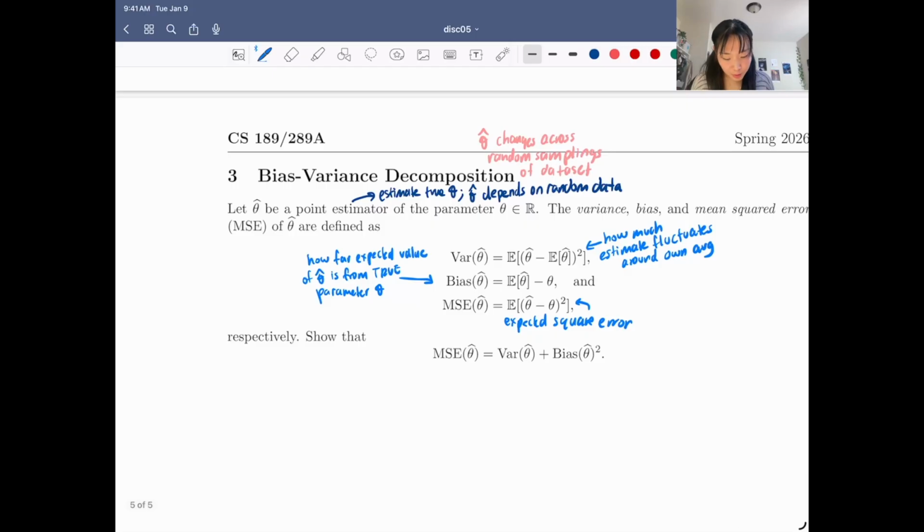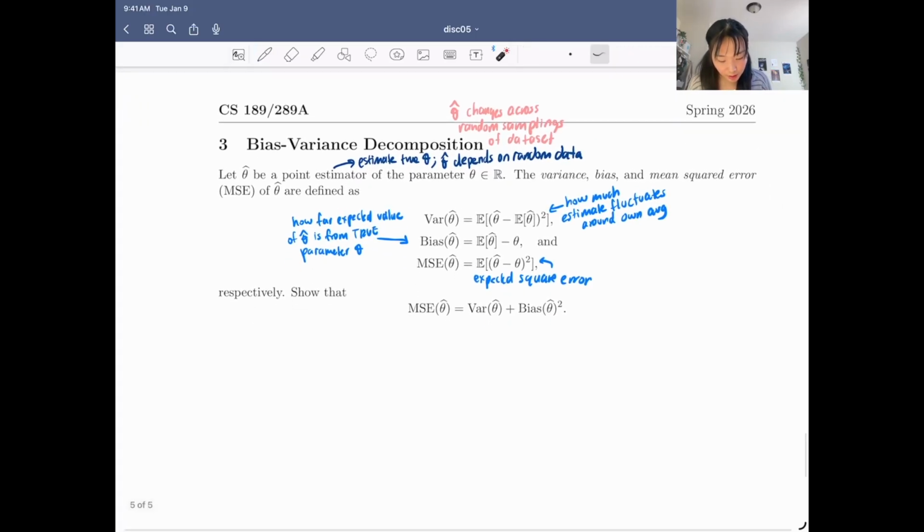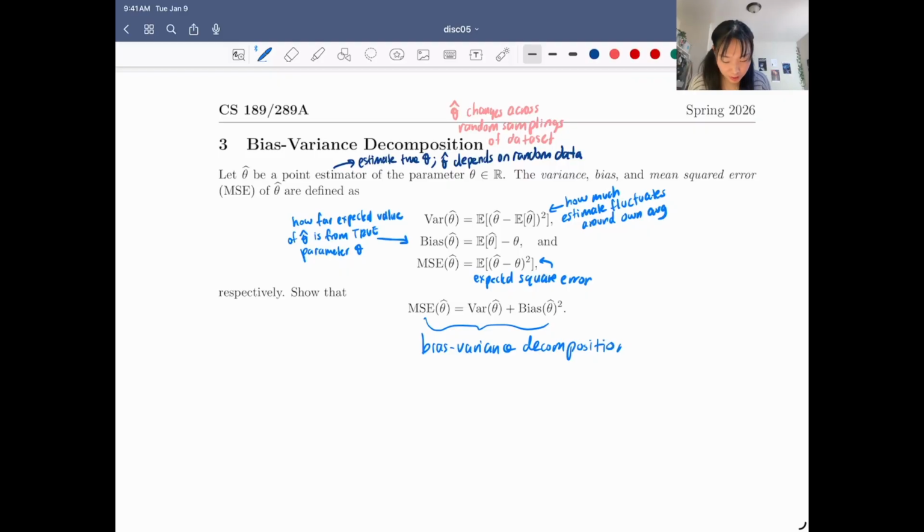And what we want to show is that the mean squared error can be represented as the variance of the point estimator plus the bias of the point estimator squared. And this entire thing is called the bias variance decomposition because we can decompose the mean squared error into the bias and the variance.